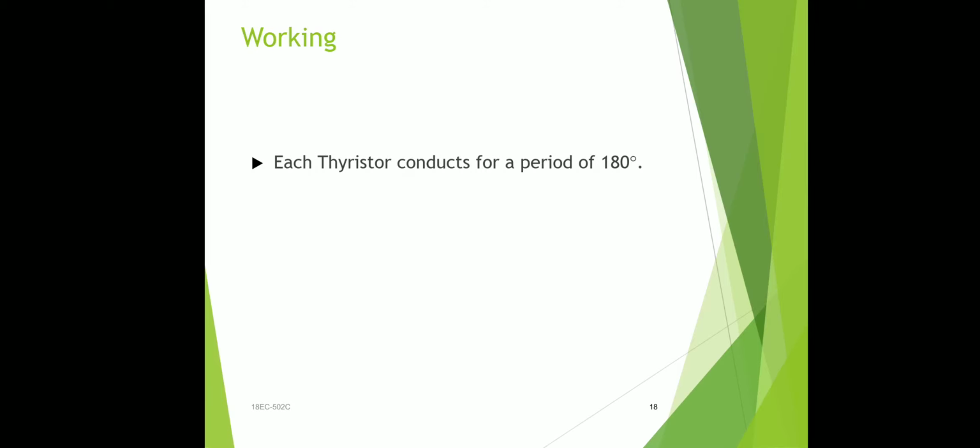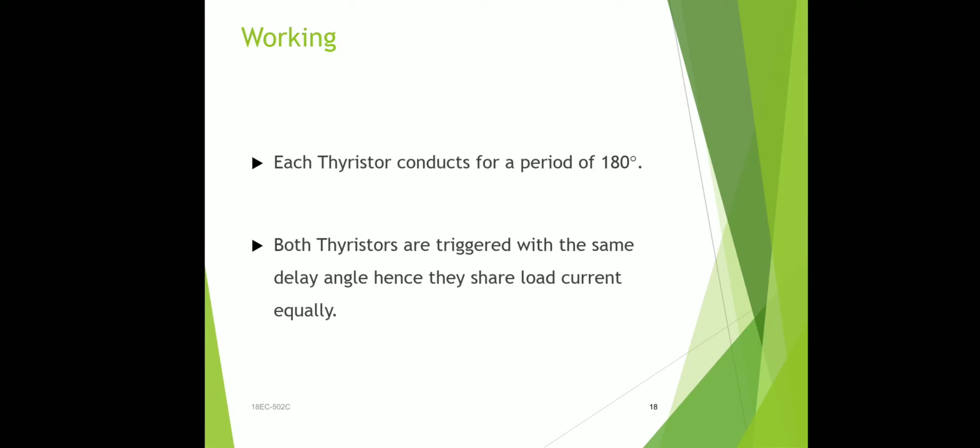In this circuit, each thyristor conducts for a period of 180 degrees. Both thyristors are triggered with the same delay angle. Each conducts for 180 degrees with the same delay angle.